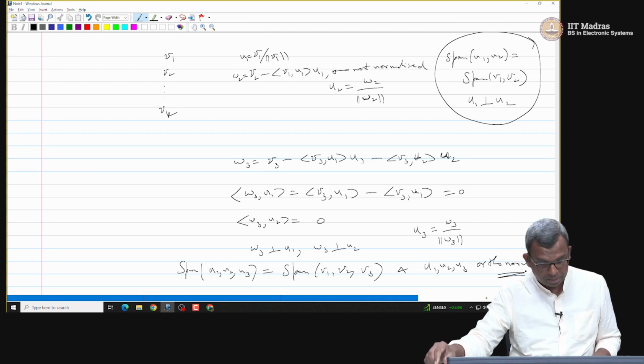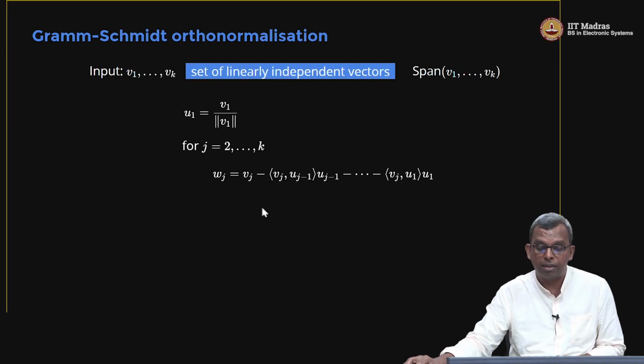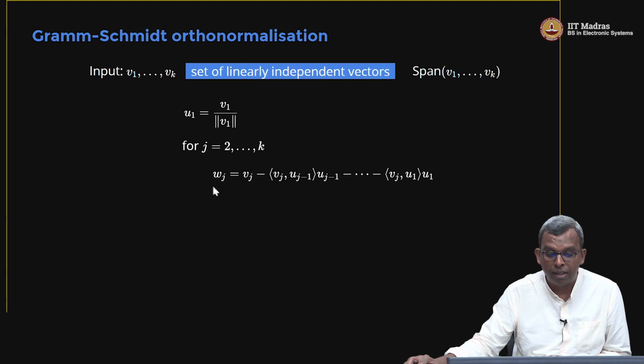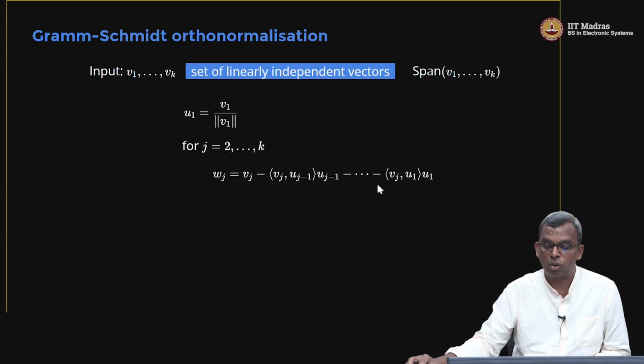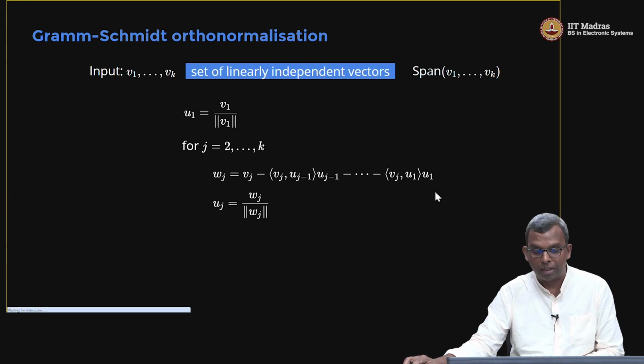Okay. So, this is the process that is formalized here. Okay. So, for every j, I make a wj which is vj minus the part of vj that is along u1 and so on, the part of vj that is along all the previous ui's subtracted in such a way with this inner product, so that what remains is orthogonal to each of these, and those are also orthonormal to each other, and that works out.